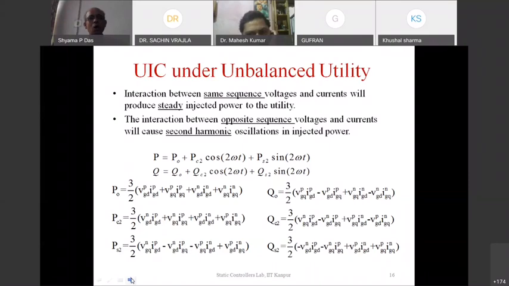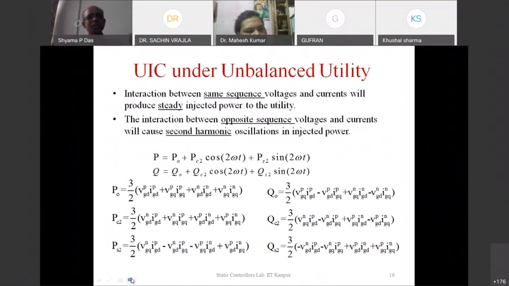We have seen that the unbalanced grid can be decomposed into a positive sequence component, a negative sequence component, and a zero sequence component. We'll now stop talking about the zero sequence component because it does not contribute to power in that sense. So the positive and the negative sequence components will interact with each other.